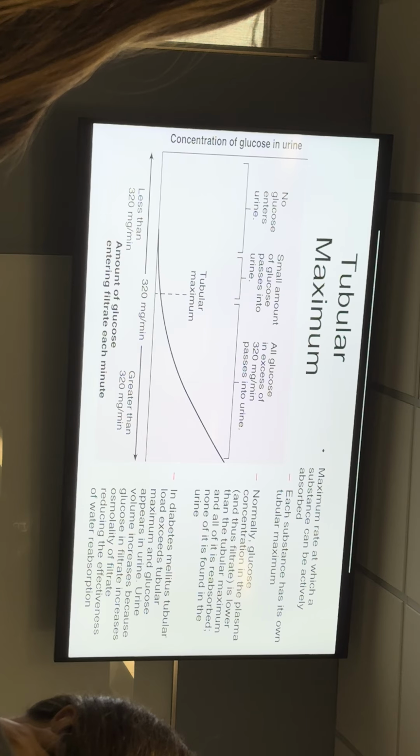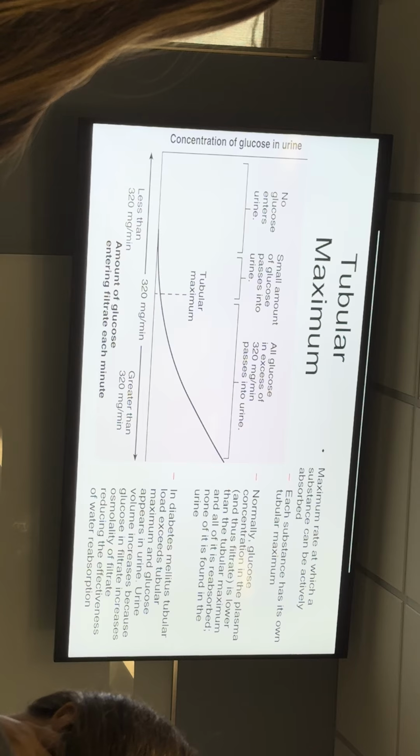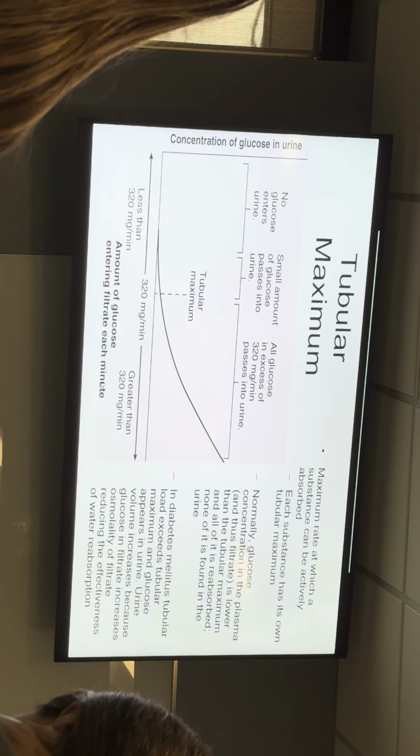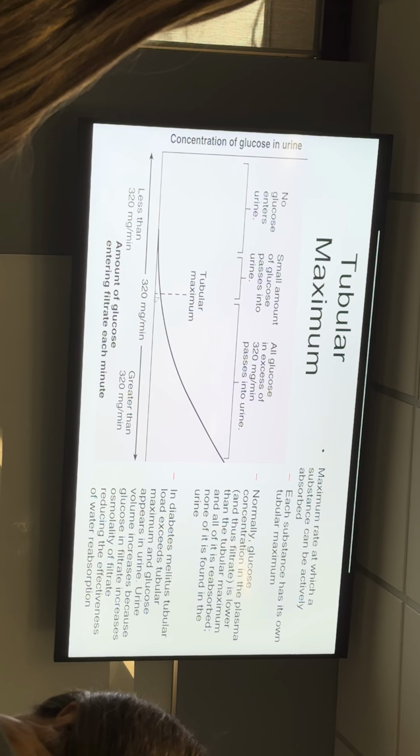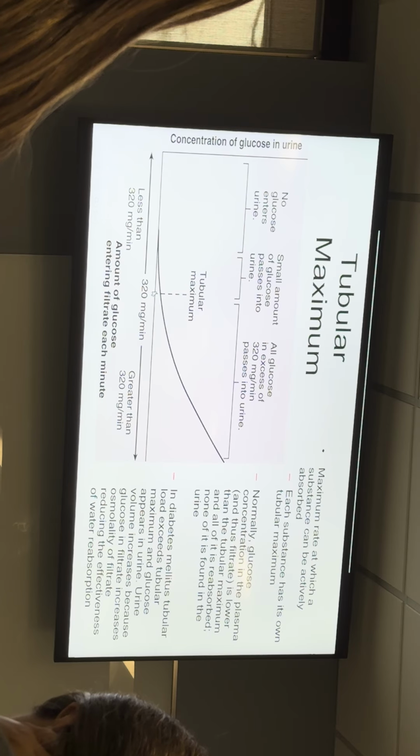But if you're diabetic, you either don't have enough insulin, or you have multiple mechanisms that cause you to have too much blood sugar, or your insulin receptors don't work, and your blood sugar levels are too high. You're going to reach your tubular maximum, where your kidneys are finally starting to not be able to keep up.